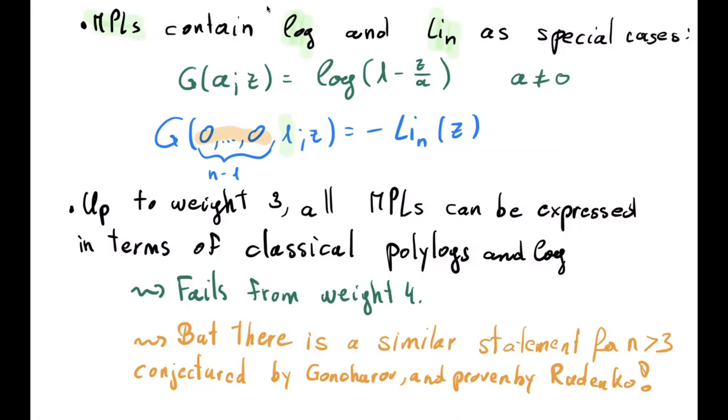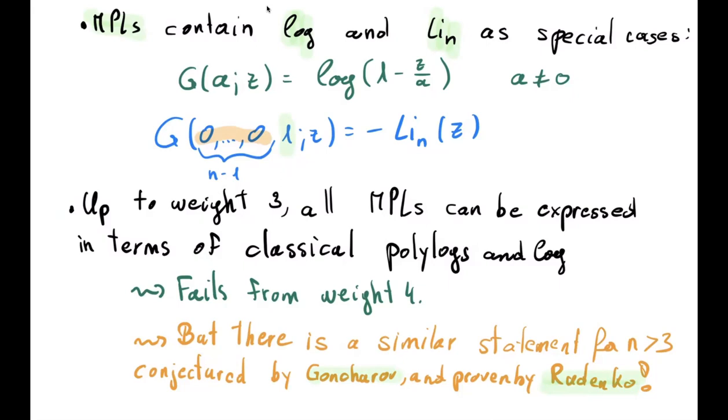Now, this is actually a consequence of a much more general conjecture by Goncharov, which was proven I think last year by Danil Rudenko, which states that for any weight n, the number of elements that are non-zero is at most the weight divided by 2. So if the weight is 2, the number of elements that are non-zero is at most 2 divided by 2, 1.